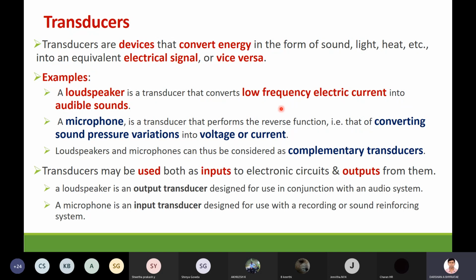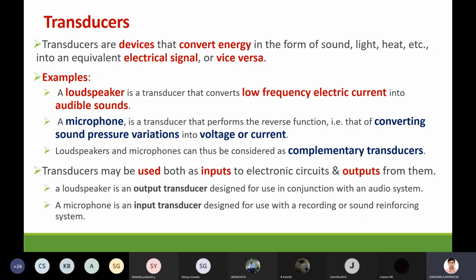Okay, let us see here. As I told, the microphone is what we call an input transducer. Why? Because it converts sound energy into electrical energy.